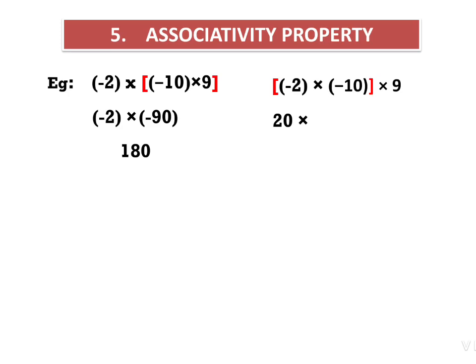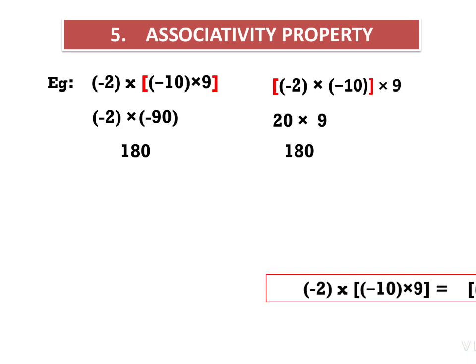Two negatives are there, so the sign should be positive. Then 20 into 9 is 180. From this we can see we get the same product. If we group the integers differently in the multiplication, the product will be the same.